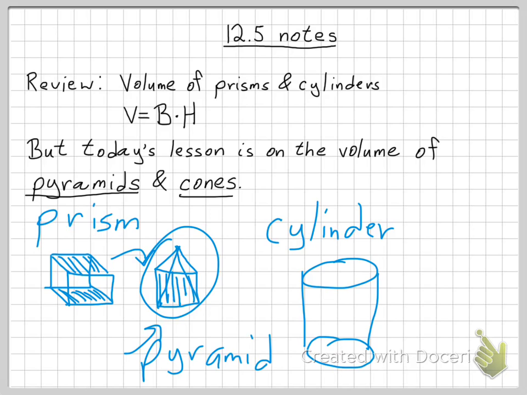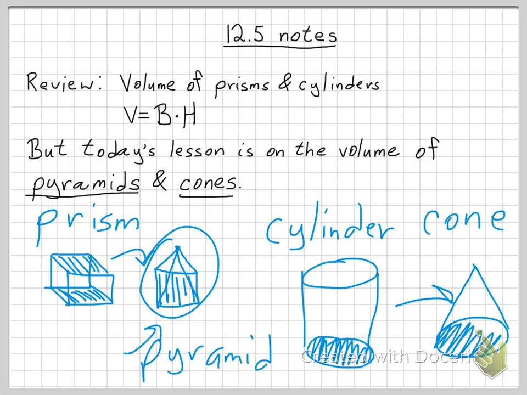That's what makes it a cylinder. But a cone has a circular base on one side, but then the other side meets at a point, and that would be a cone. And if the area of the two circles are equal, then there's also a relationship between a cone and a cylinder. So today's topic is going to be on the volume of a cone and the volume of a pyramid.